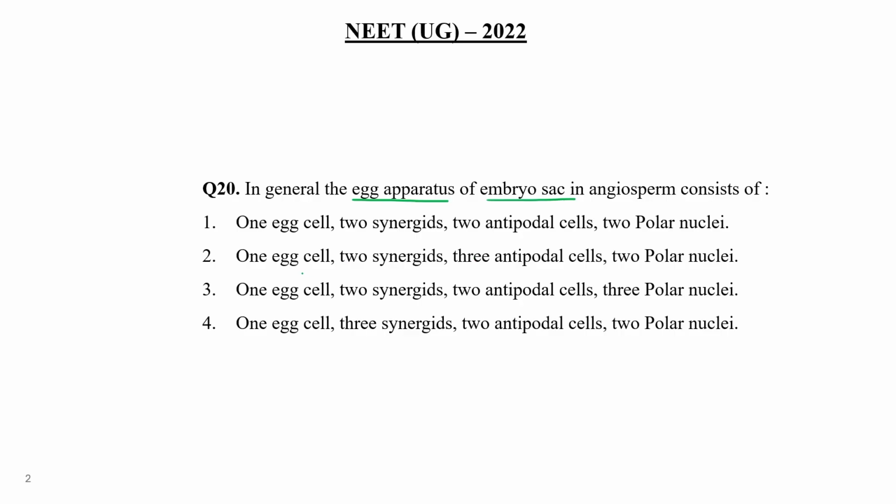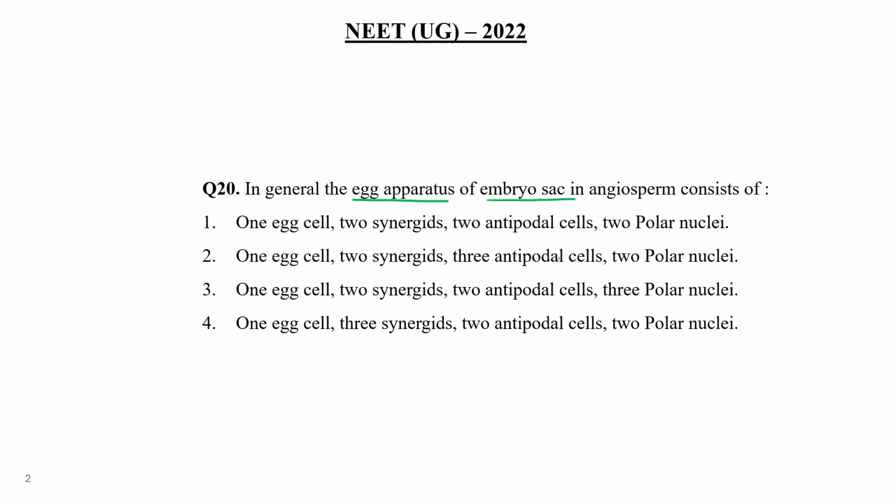Next, one egg cell, two synergids, three antipodal cells, two polar nuclei. Next, one egg cell, two synergids, two antipodal cells, three polar nuclei. And one egg cell, three synergids, two antipodal cells, and two polar nuclei. You can solve this kind of question if you learn that particular diagram. So quickly revise that diagram in your mind and then tell me the answer.